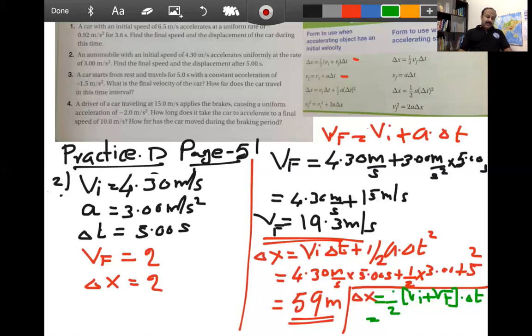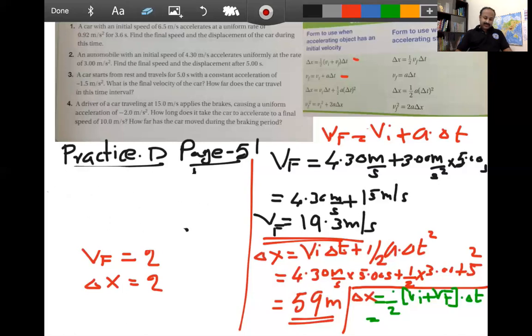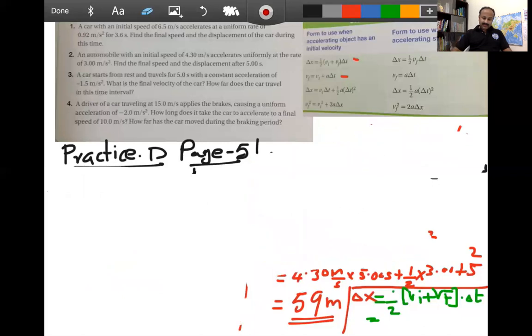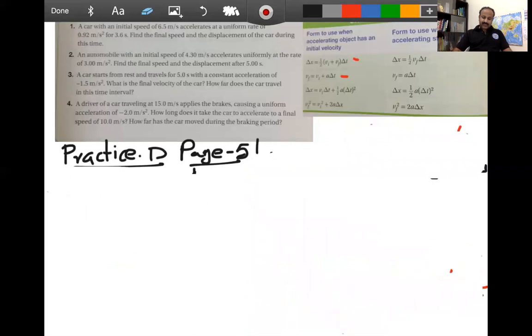And now I'll do question number 3. In number 3, you can see a car starts from rest. If it starts from rest, its initial velocity is 0. And travels for 5 seconds.